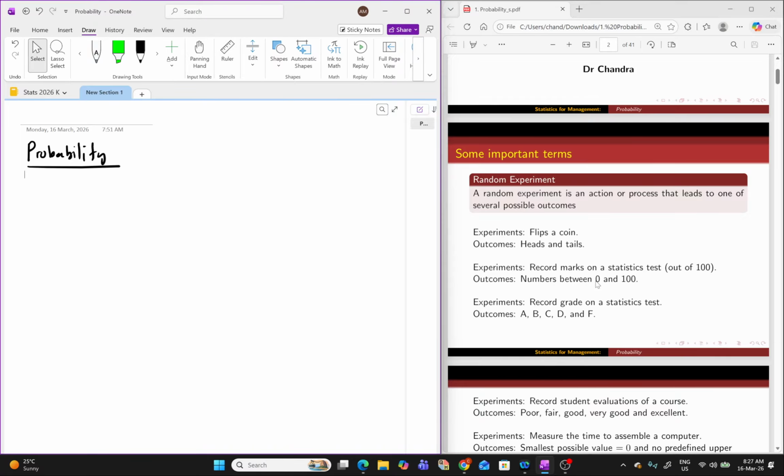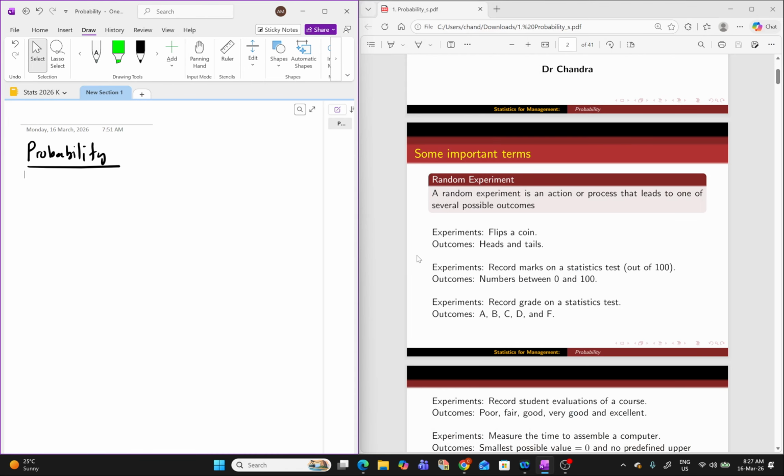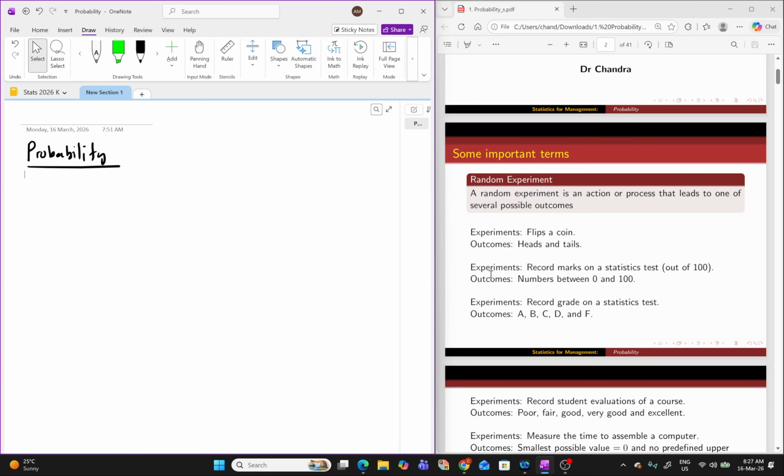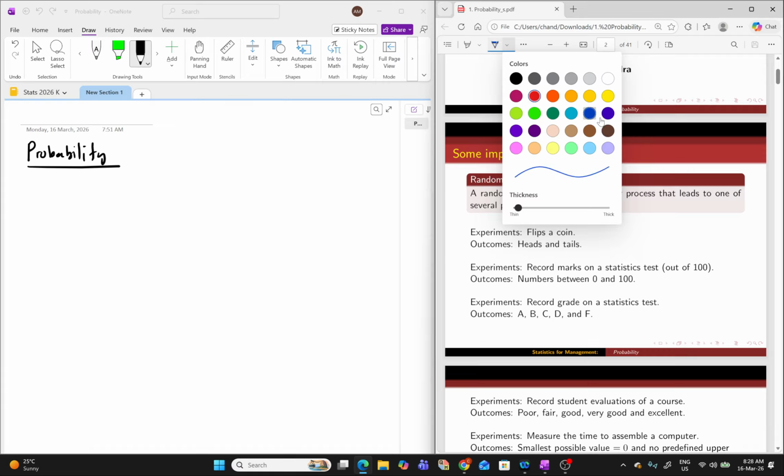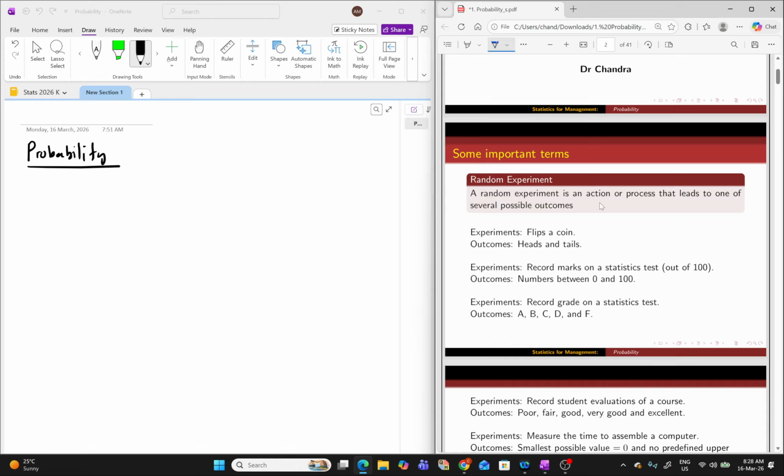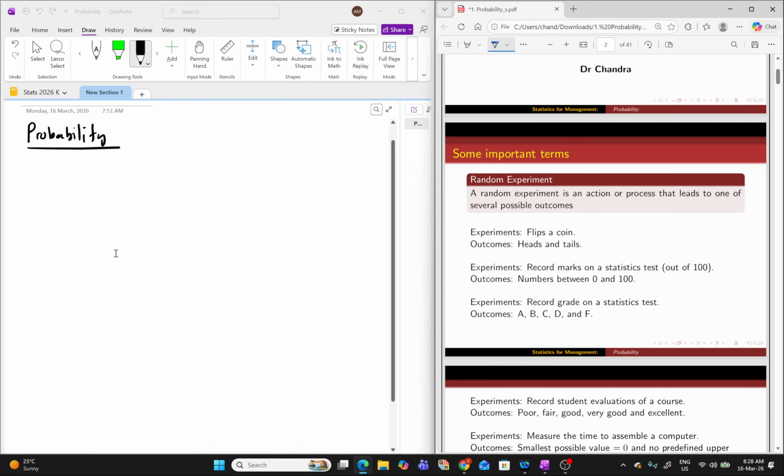Before we go to probability, let us go through some important terms. First of all is a random experiment. A random experiment is an action or process that leads to one of several outcomes. Basically, if you do some activity and the outcome is more than one, then it is known as a random experiment.